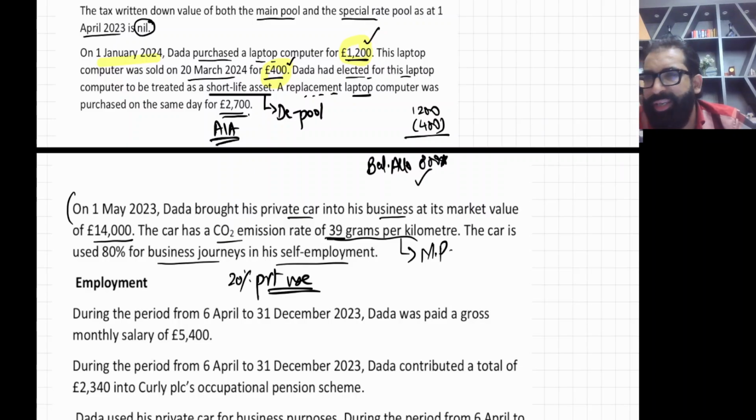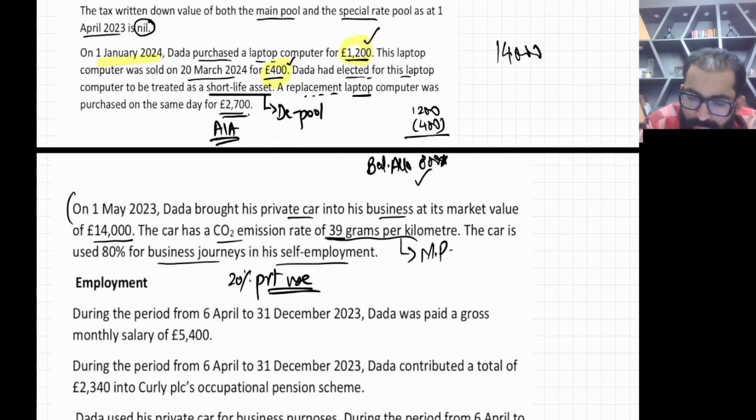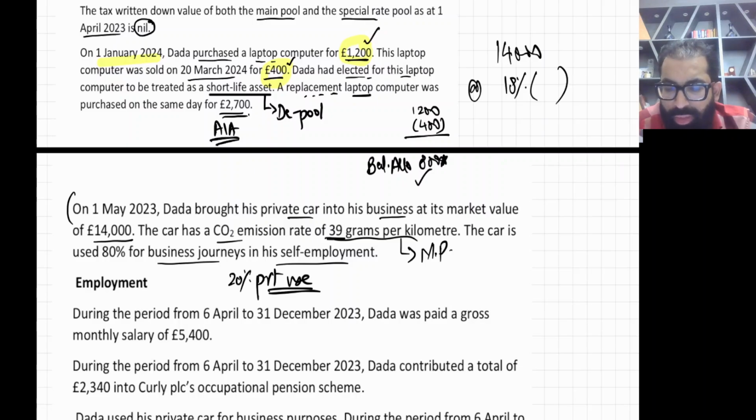Privately used assets are compulsorily depooled. So you will depool it, and how? Simple. You will write it as 14,000, and the WDA is 18%. It's a 12 months accounting period, so 14,000 multiplied by 18%.